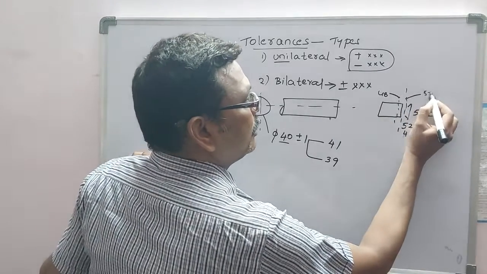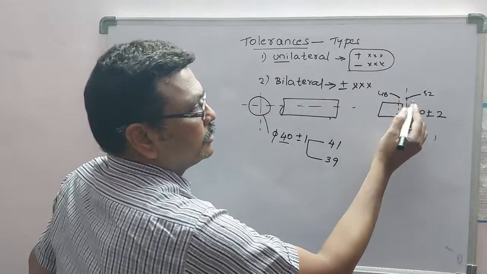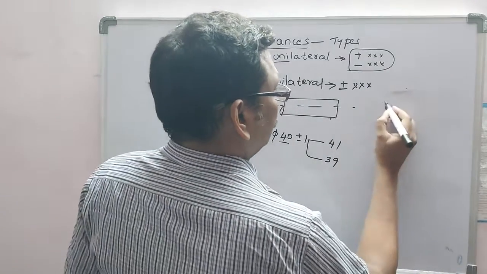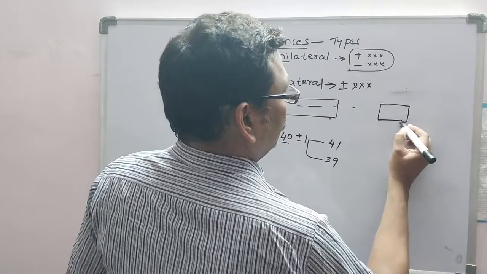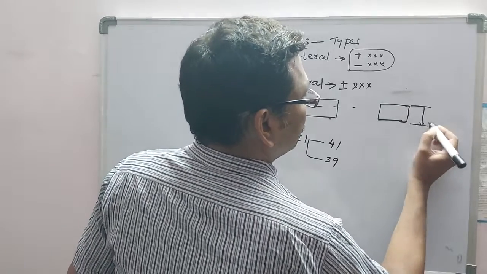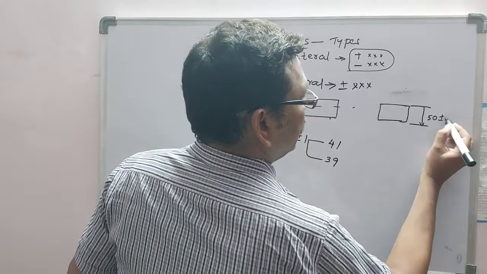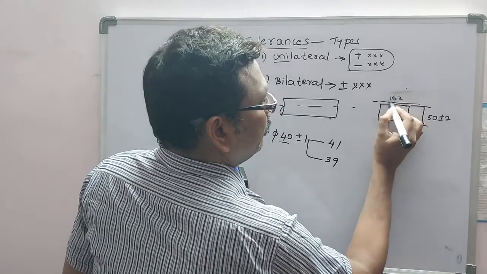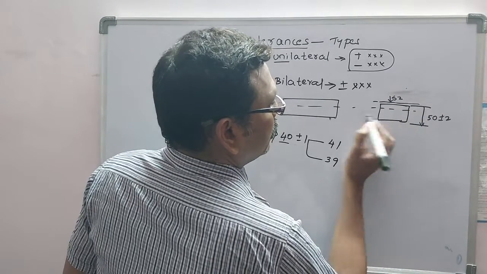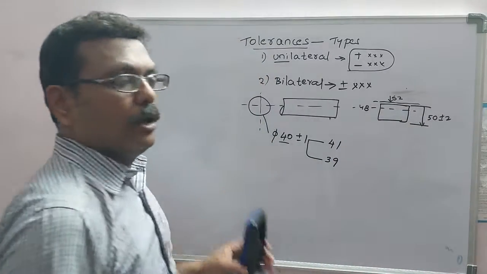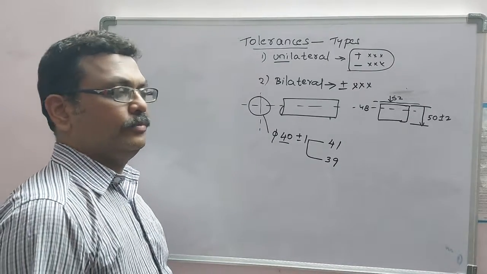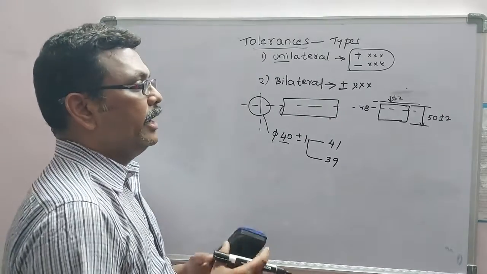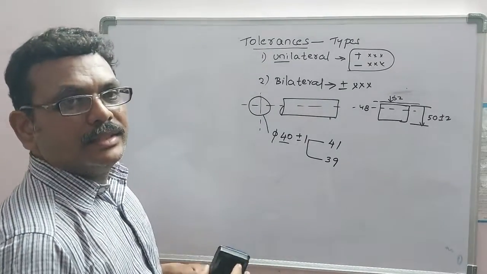This is the tolerance. We are giving this dimension 50 plus or minus 2, so it can go up to 52 and down to 48. Right? So this is the use of unilateral and bilateral tolerance.